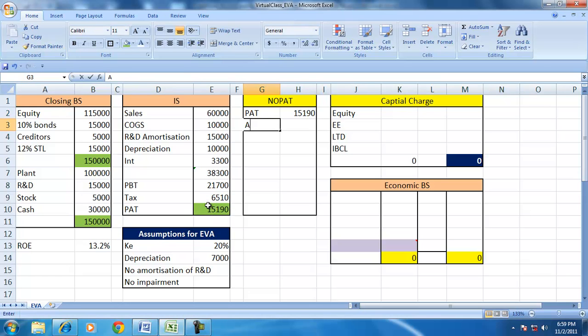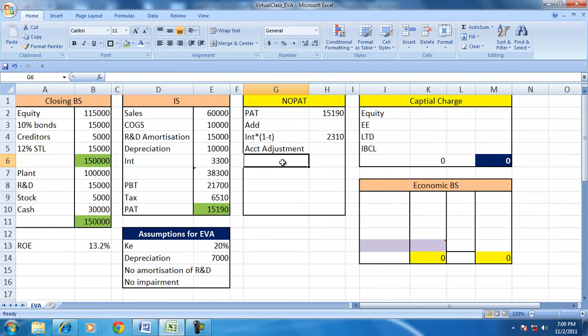So PAT plus the adjusted interest, that is interest into 1 minus t, that is into 70%, so 2,110. So it is I into 1 minus t. Let me write down that 1 minus t. Then you have accounting adjustments. The accounting adjustments in this example, in this case, I have two accounting adjustments.